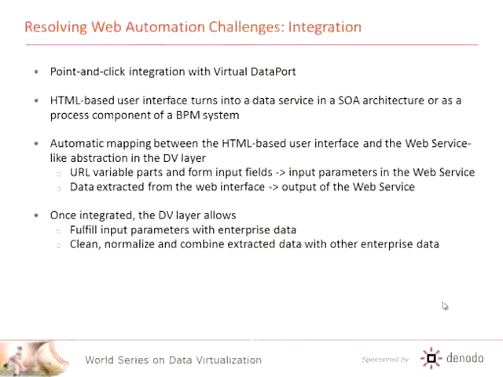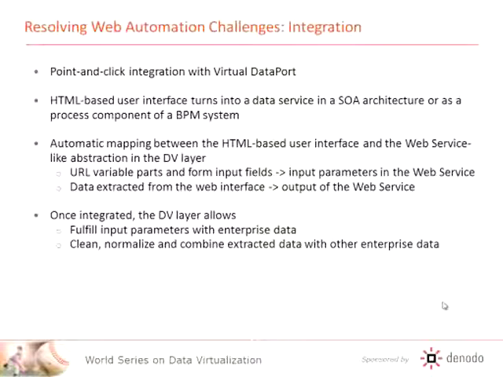Once this integration happens, the power of the data virtualization layer opens up a lot of integration possibilities. For example, filling input parameters of the web automation process with enterprise data, or to clean and normalize the data returned by web automation and combine it with enterprise data.